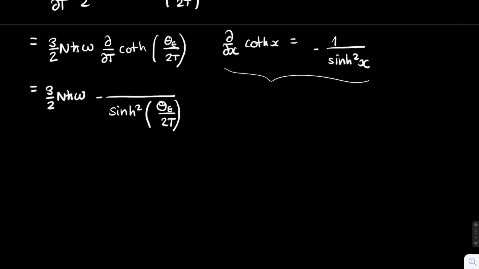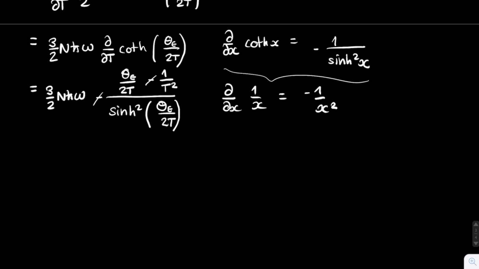What is the derivative of this with respect to temperature? Well, we've got a constant, θ_E/2, multiplied by 1 over temperature. So we get this constant, and also a minus 1 over T squared. Again, I've just used the chain rule, and the fact that the derivative with respect to x of 1/x is minus 1/x squared.